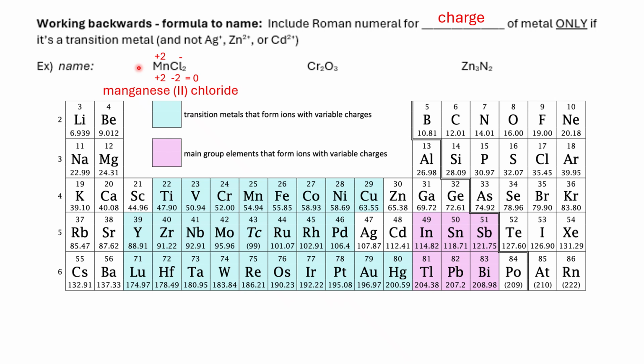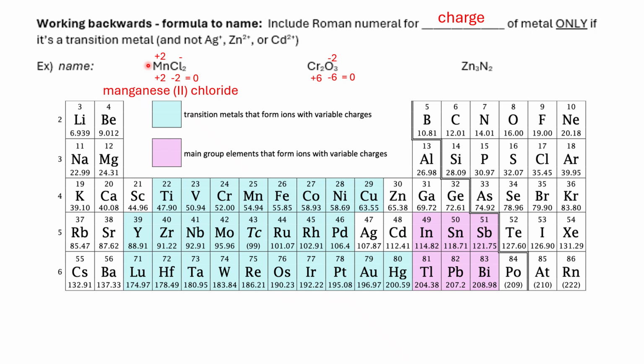Okay, let's take a look at the next one, Cr2O3. We're going to follow the same steps. So we know the total charge is 0. We also know just by looking at the periodic table the charge of oxide, -2, right, because it's a group 16. This time we do have to multiply by a subscript, and that's a 3, so our total negative charge is -6, which means, of course, our total positive charge has to be +6, so that they do, in fact, add up to 0.